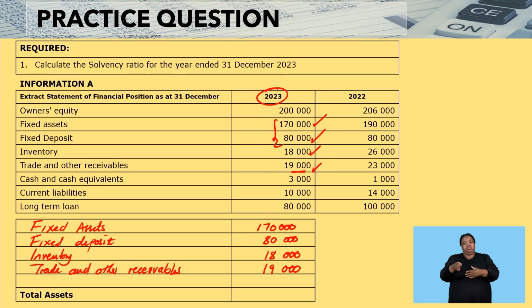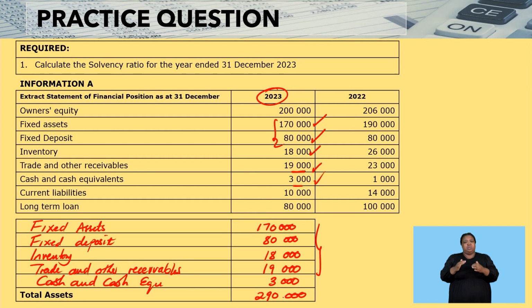Then I'll come to my cash and cash equivalents, which is the last one, and it is 3,000. Now I'm going to add all these amounts, and then I end up with 290,000. So far I have my total assets.